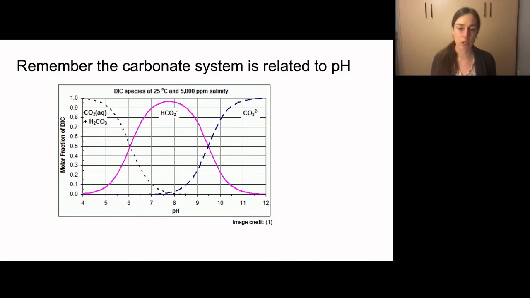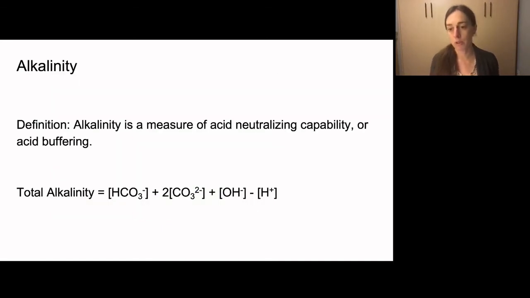The pH and the ability of the carbonate buffer system to maintain an even pH is really important for wastewater treatment. So that ability to buffer pH is called alkalinity. And something that's important to remember here is it's not just the opposite of pH. So the definition of alkalinity, one definition, is a measure of acid neutralizing capability or acid buffering.